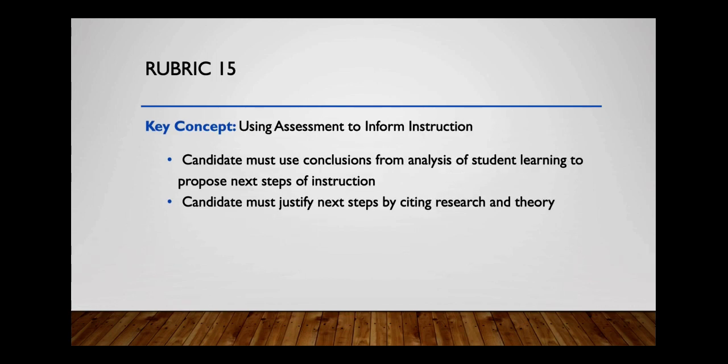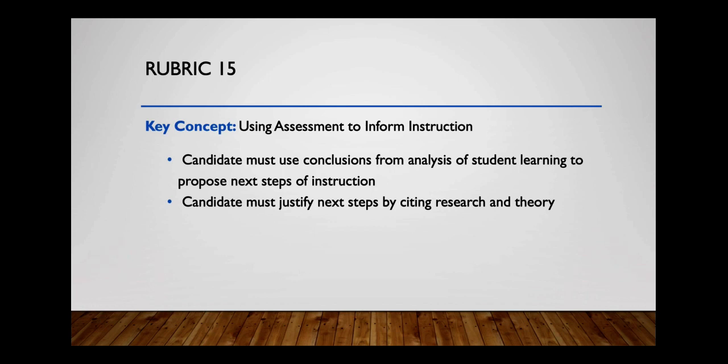Finally, Rubric 15, using assessment to inform instruction. The candidate must use conclusions from the analysis to propose next steps. So you will look at the scores and you will write about them and you will compare them, and then you will say, I think we really need to do a little more on so-and-so.